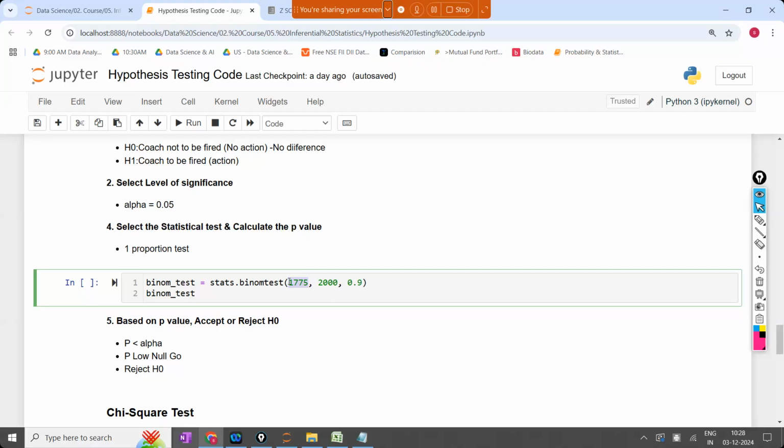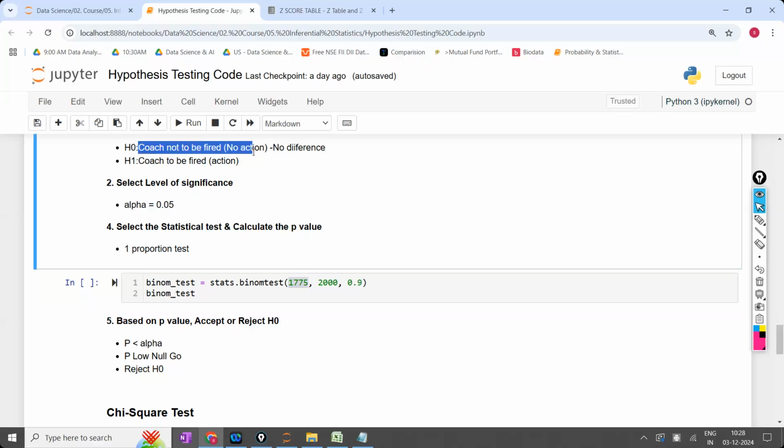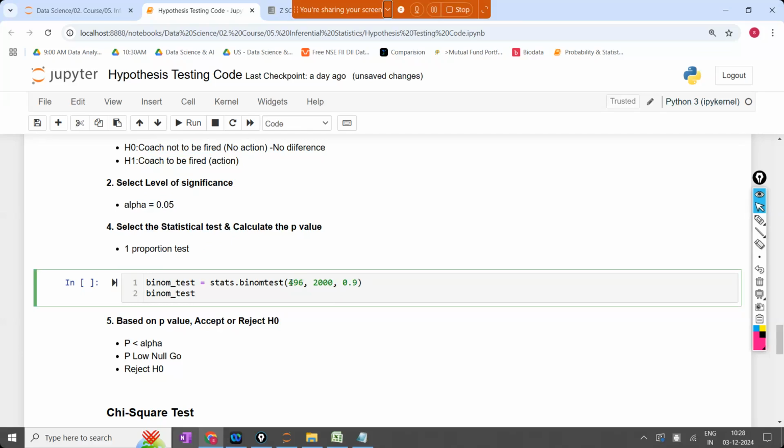Now, here, how many people are accepting the null? How many people are supporting the coach? 496 people, right here, 496. Write that number, divided by the total number of people, 2000. Whether it will be equal to the 90% ratio? I am writing 90% here. Why?